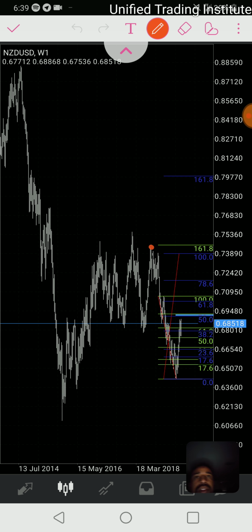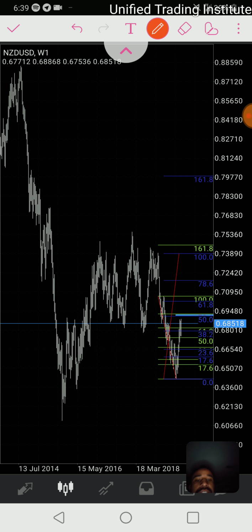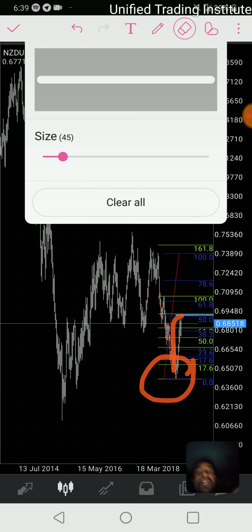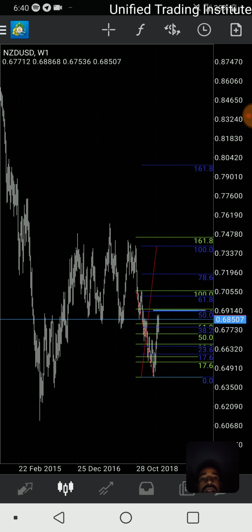So if I look at this move right here, that move, right, and I want to discover what was significant about this 0 level, what was significant about that to turn up and retest, why did it do that? You know what I mean? That could have picked out our buy stop, or we could have set a buy limit right there or whatever. But anyways, so why was that level, why did it decide to turn around right there?